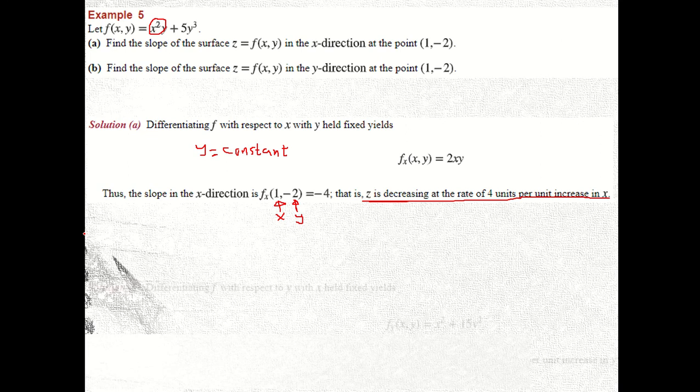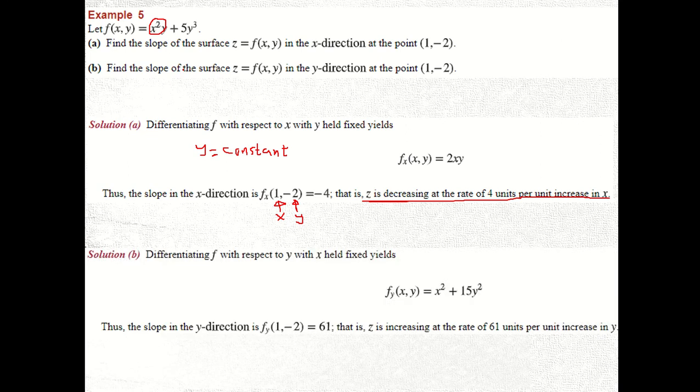Then for B, differentiating the given function with respect to y, we're going to hold x as constant. So this time x is constant.